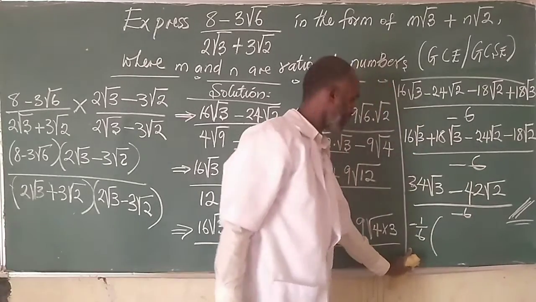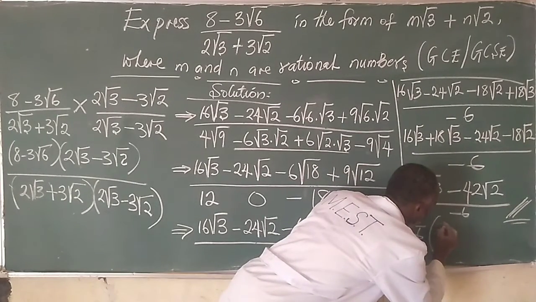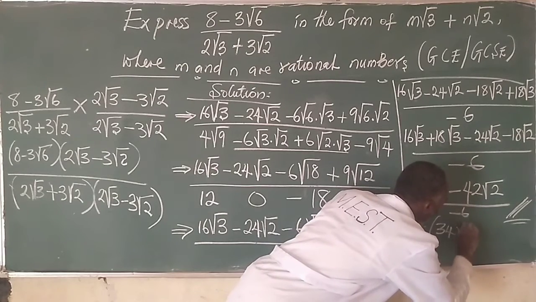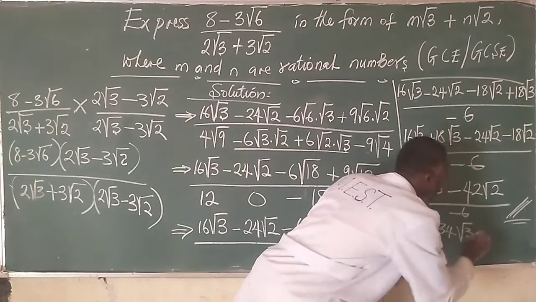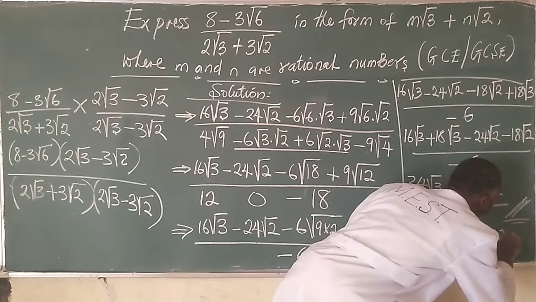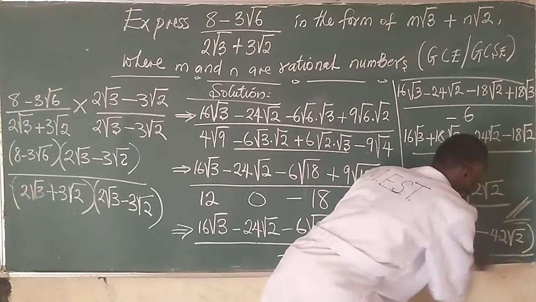Closing brackets. So what do we have there? It should be 34 square root 3 minus 42 square root 2, bracket close.